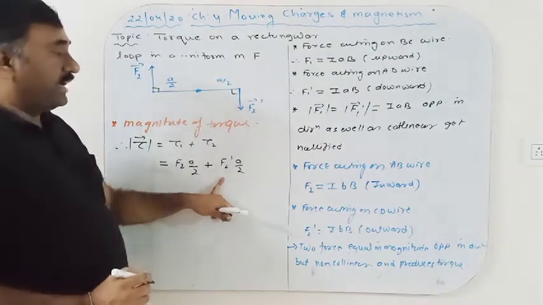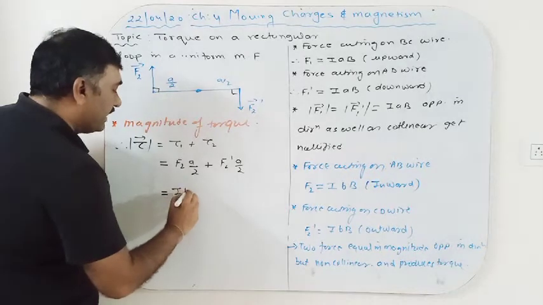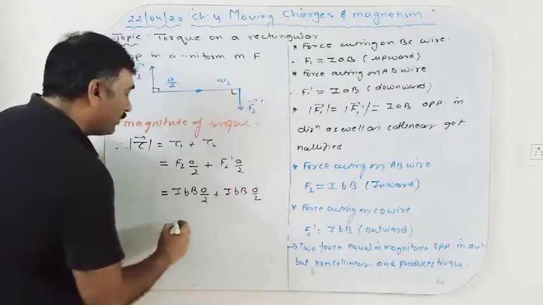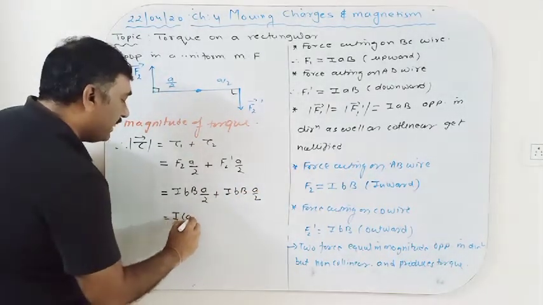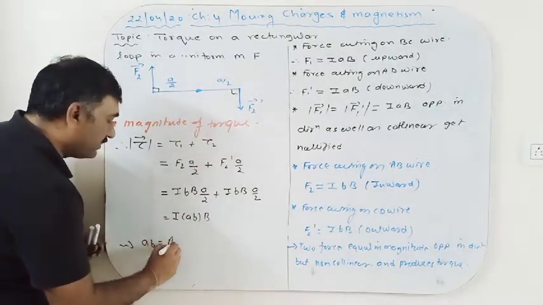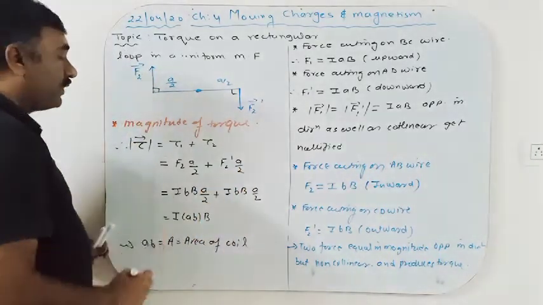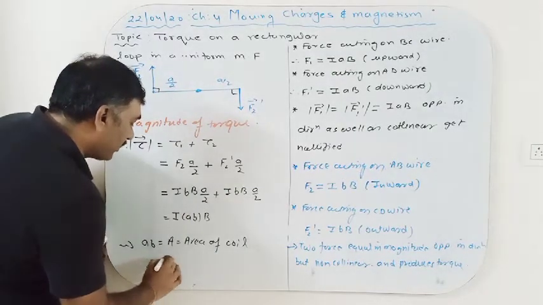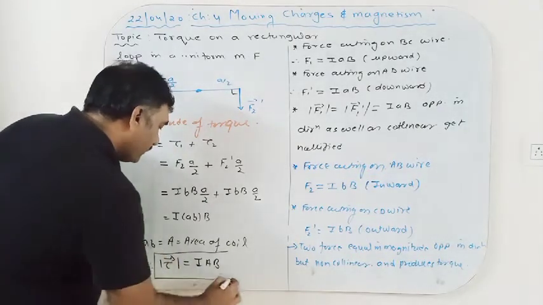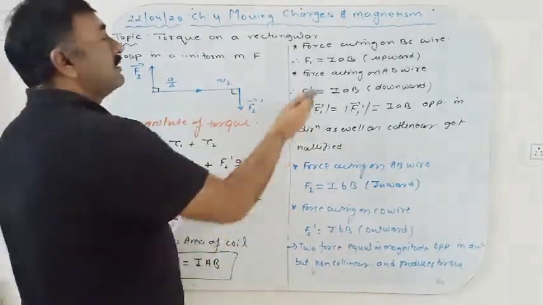Here F2 and F2 dash are equal in magnitude, so we can simply substitute their values: IBB times A by 2 plus IBB times A by 2, so that becomes IABB. But length into breadth is A, the area of the coil. Therefore we get the formula for the torque: tau is given by IAB.